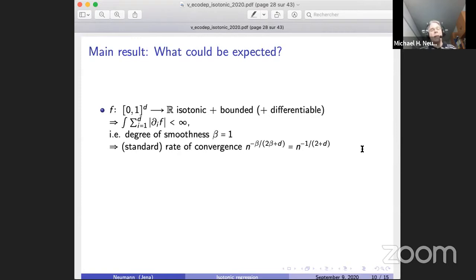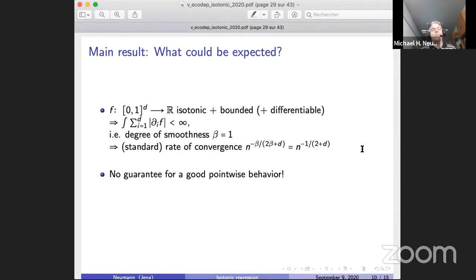That means, because of boundedness and differentiability, that the L1 norm of the first partial derivatives is finite, or in other words, the degree of smoothness is equal to 1. It's well known that for degree of smoothness 1 and for dimension d, the optimal rate of convergence is n to the power minus 1 divided by 2 plus d. So next part, please.